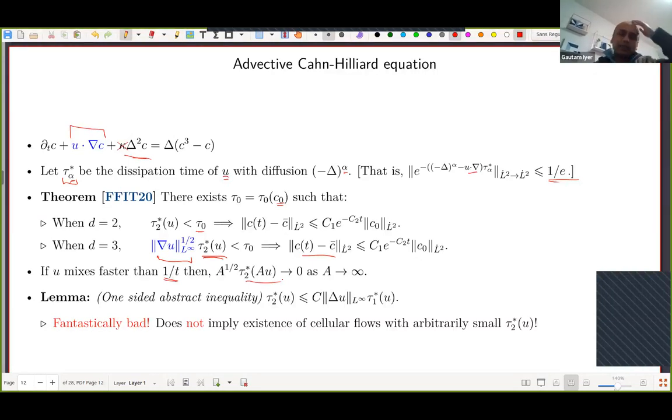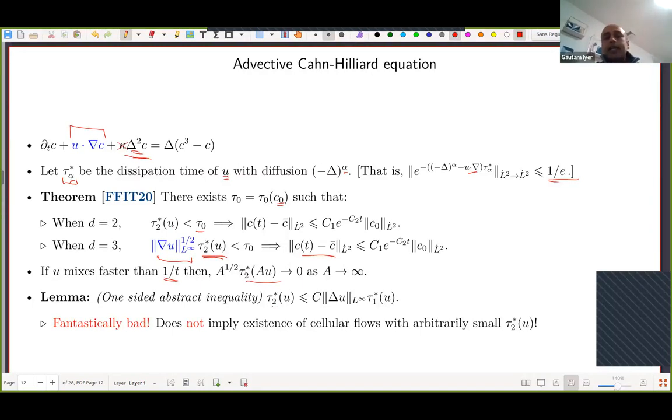Well, estimating the dissipation time for cellular flows, now I don't have a comparison principle because it's bi-Laplacian, not the Laplacian. My previous proof didn't work. So I said, okay, can I estimate the dissipation time of a flow with the bi-Laplacian in terms of the dissipation time of the flow with just the standard Laplacian?